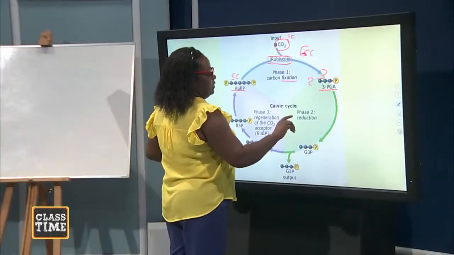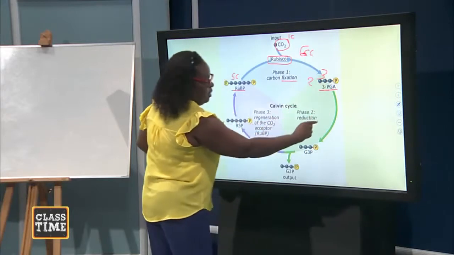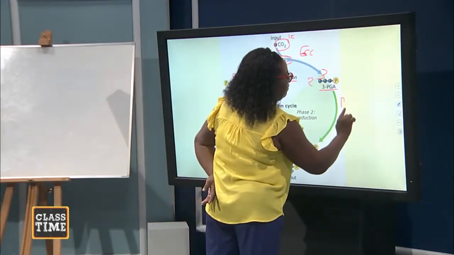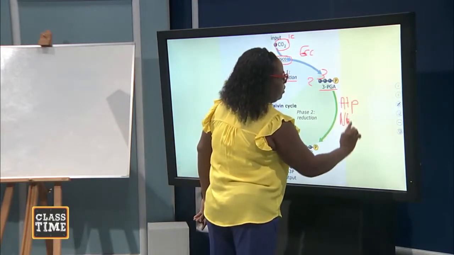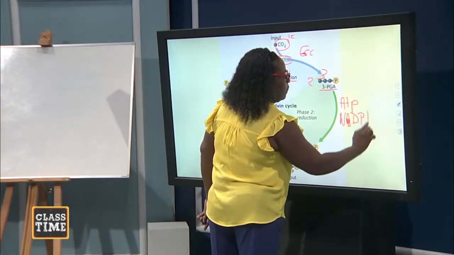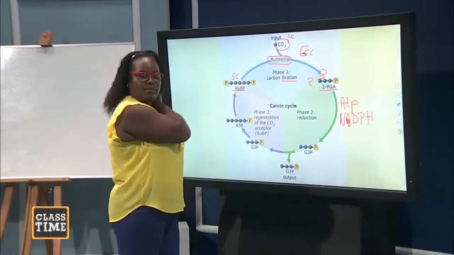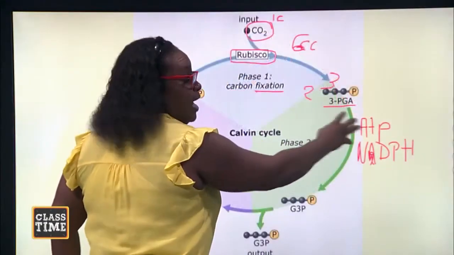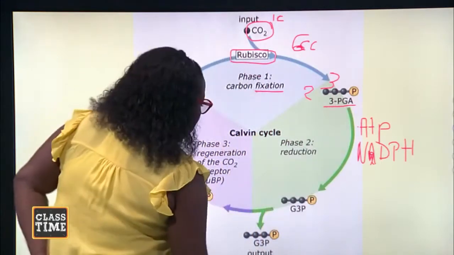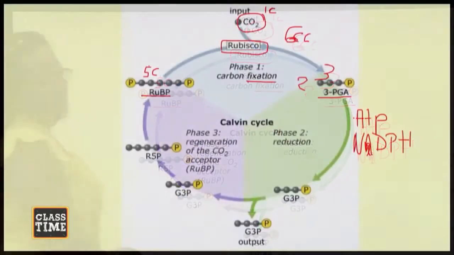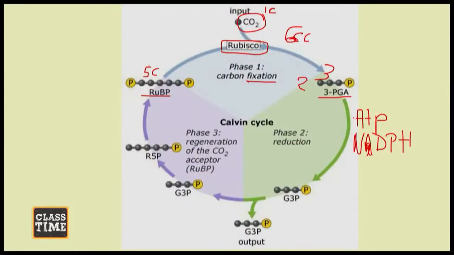And what happens in the next stage, after this is made, is that the ATP and the NADPH from the previous stage of photosynthesis are now utilized here to convert this 3-PGA, or phosphoglyceric acid, into phosphoglyceraldehyde.